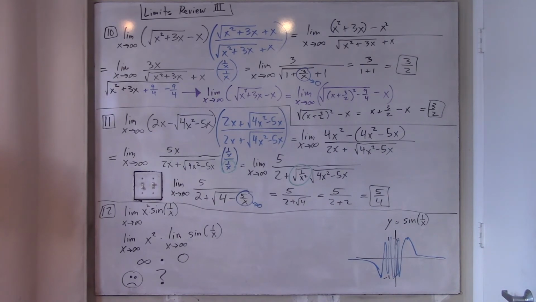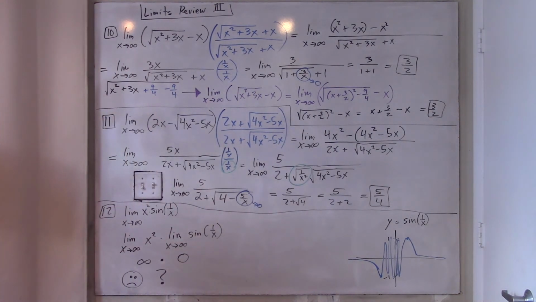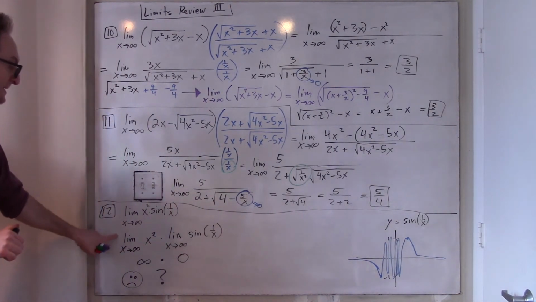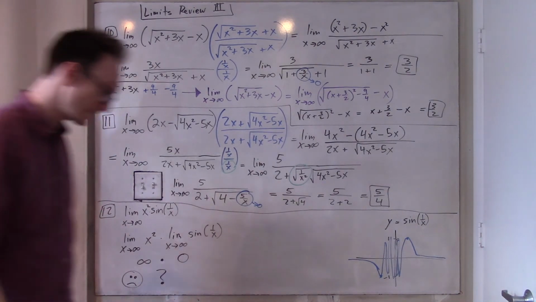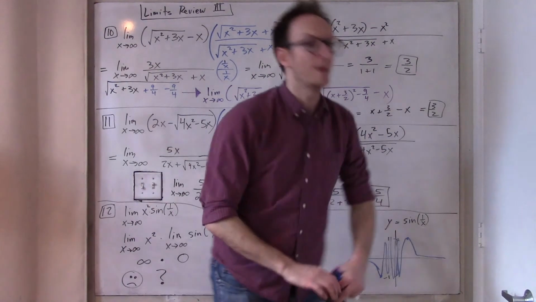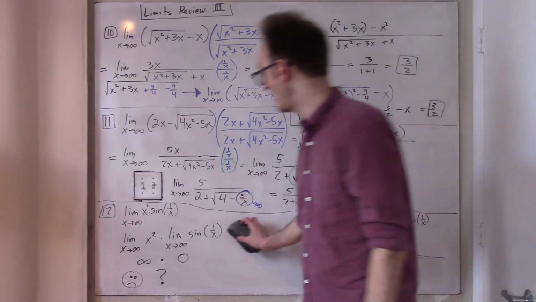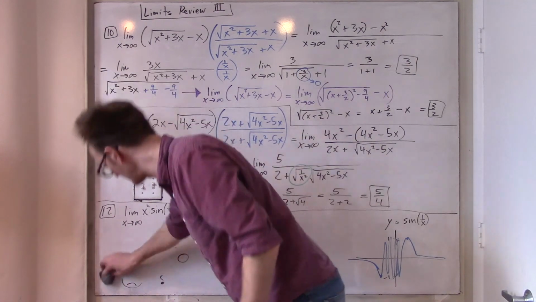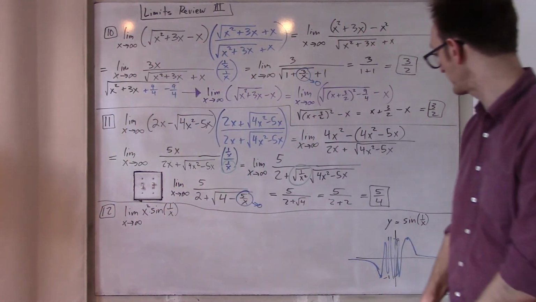I cannot determine what this limit is based only on the fact that it's of the form infinity times 0. So this was an honest attempt to solve this problem by splitting it up into two pieces, but it doesn't work, because I just don't know what infinity times 0 is in general. So I have to abandon that approach and try something that treats these two pieces individually.